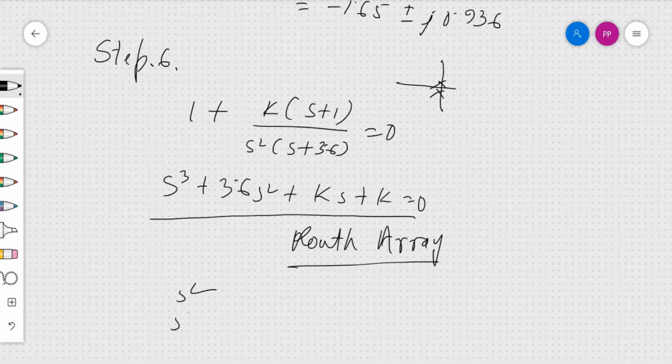s square, s power 1, s power 0. Sorry, it starts from s cube. So this is 1, 3.6, then k, then 0, 0, like that.